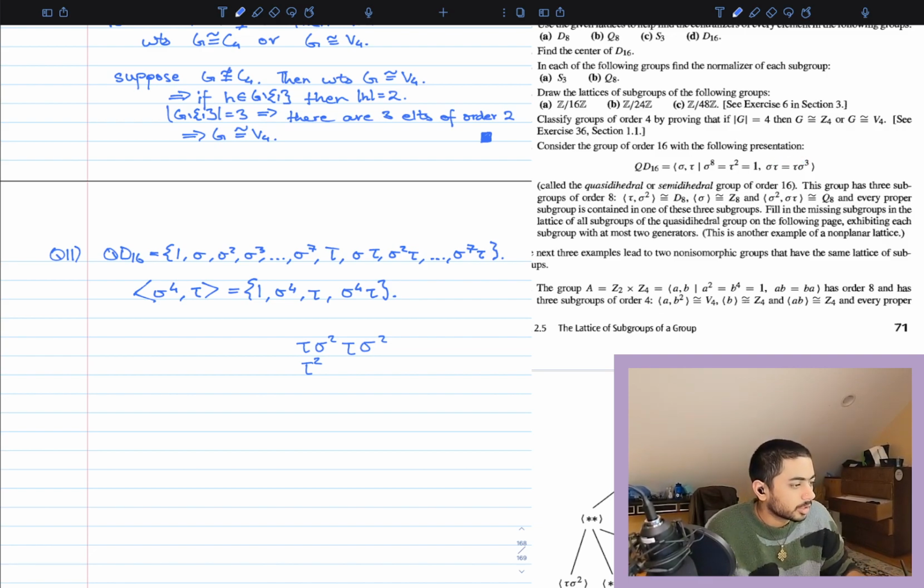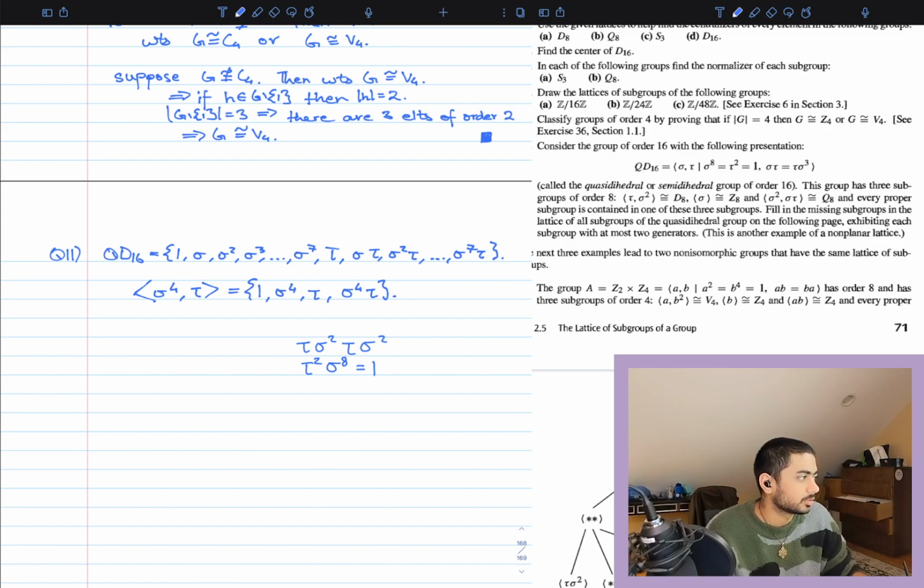So in total, there should be sigma 6 and then another sigma here. So sigma to the 8. Sigma to the 8 is 1, tau to the 8 is 1, so this just comes out to 1. So tau sigma squared itself has order 2.